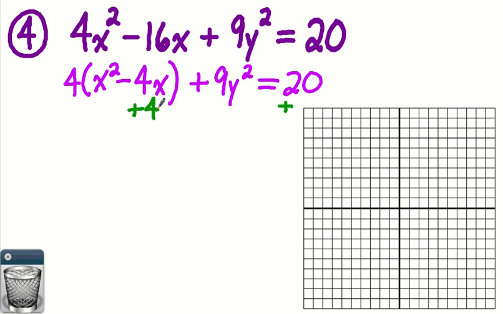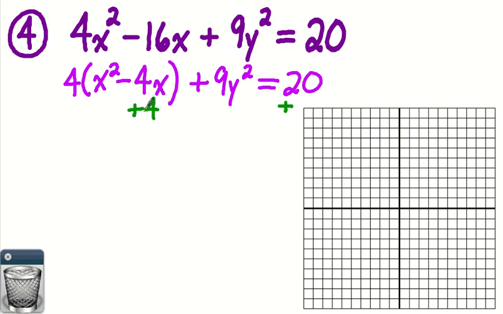Now, something worth noting, big time. I'm adding 4 to this bubble. You know what I mean? I'm adding 4 in here. I got to balance things out by doing the same thing to both sides. But what am I really doing to this whole left side?